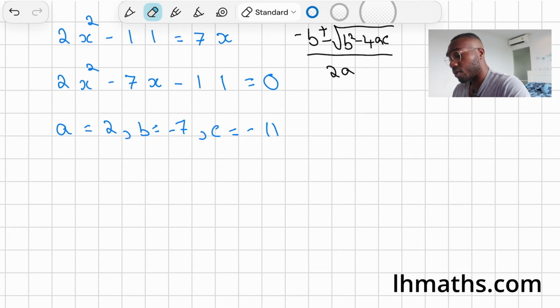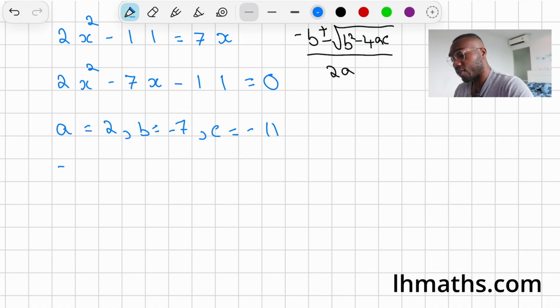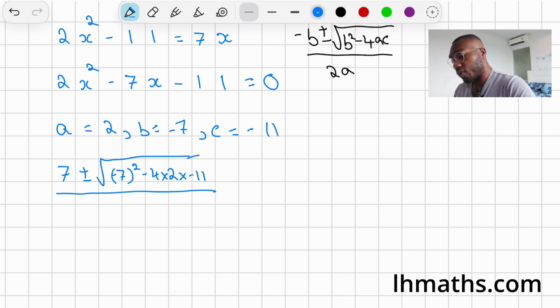Okay, so let's work this out now using the quadratic formula. If we do that, we will get minus minus 7, that gives a positive 7, plus or minus the square root of b squared. So b squared is minus 7 squared minus 4 times 2 times minus 11, and that is over 2 times 2. So that will give us 7, plus or minus, we get 49 minus 4 times 2, which is minus 8.